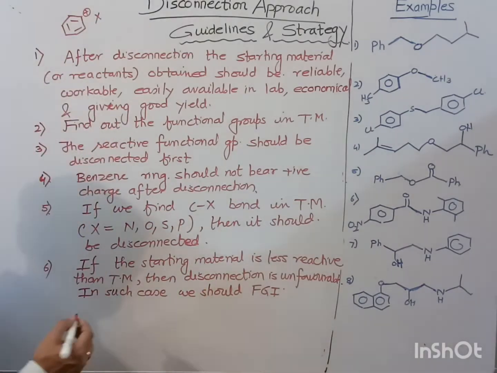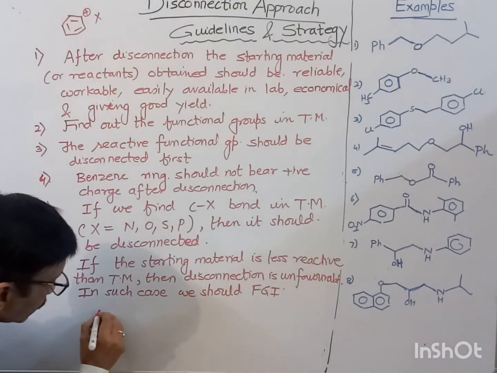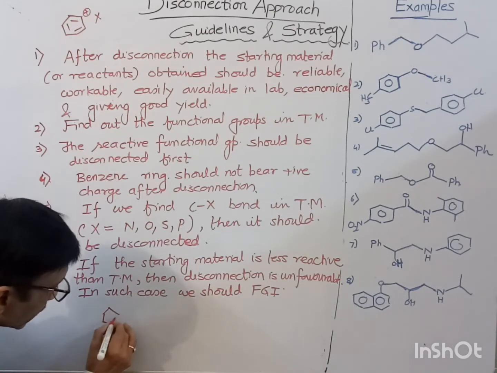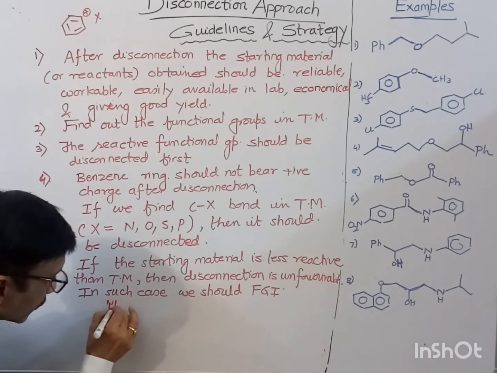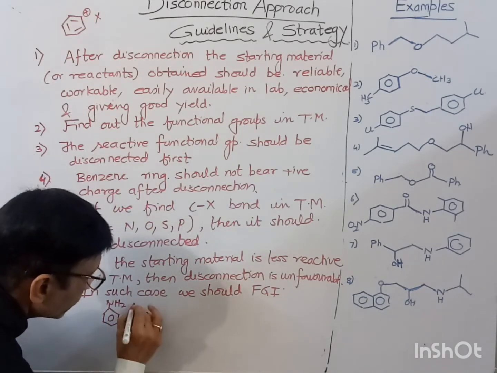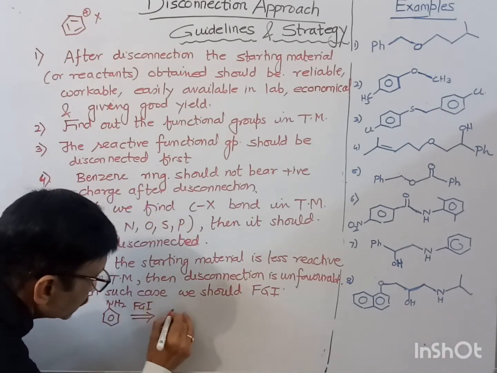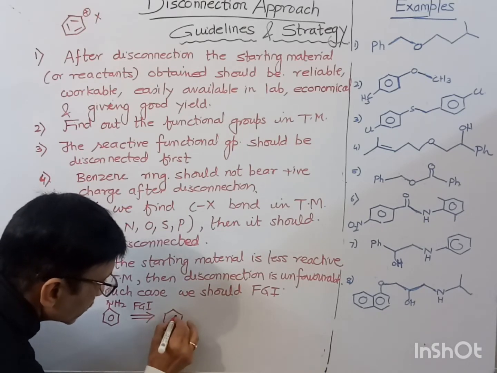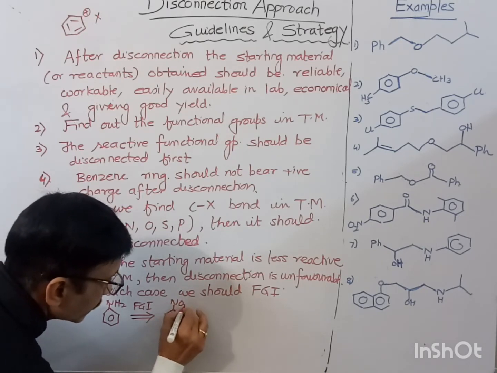Like what I told you, suppose you have NH2 over this benzene ring, then here the FGI is needed, and that should be converted into NO2.